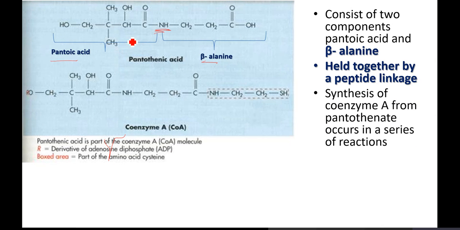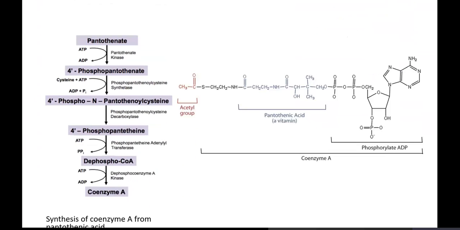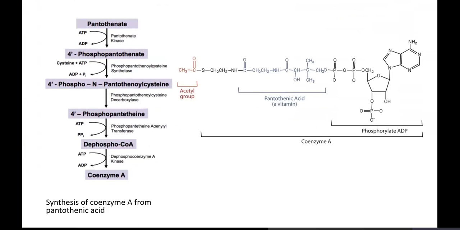They are held together by a peptide linkage, and the synthesis of coenzyme A from pantothenate occurs in a series of reactions. See, this is the coenzyme, and there is a series of reactions that takes place.